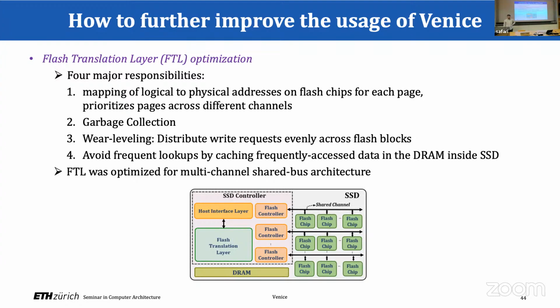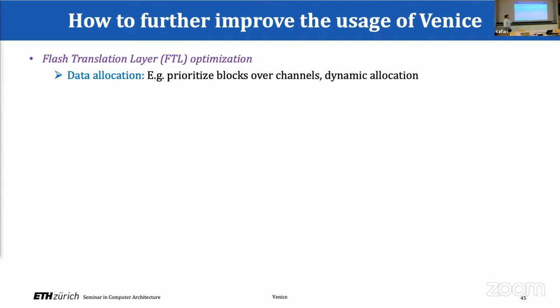So has anyone else an input on how to change some of these things? There's certainly data allocation. One could do some research on how to adjust the mapping of the addresses, since we have more freedom now.